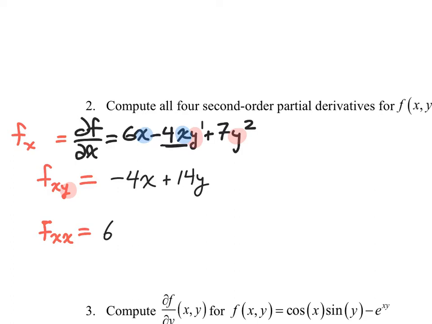I'll just circle it, pull it off on the side. That's the same as saying negative 4y times x to the first. Power multiplied by coefficient, minus 4y. x to the 0th power, drop it because x to the 0th power is equal to 1.